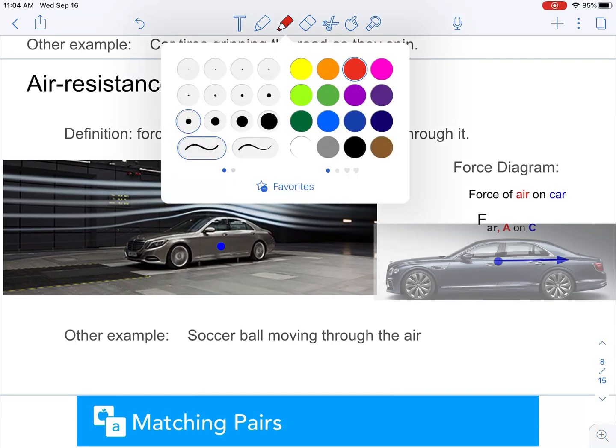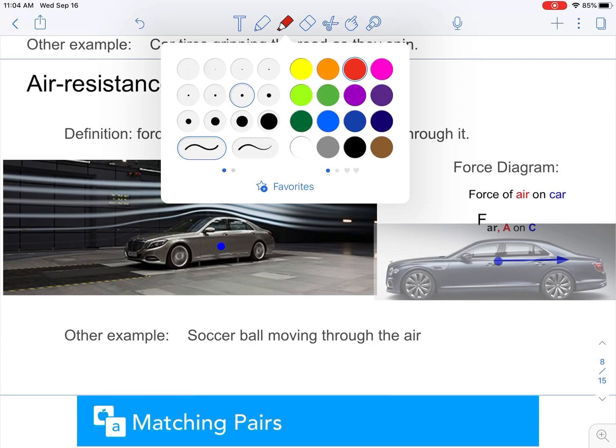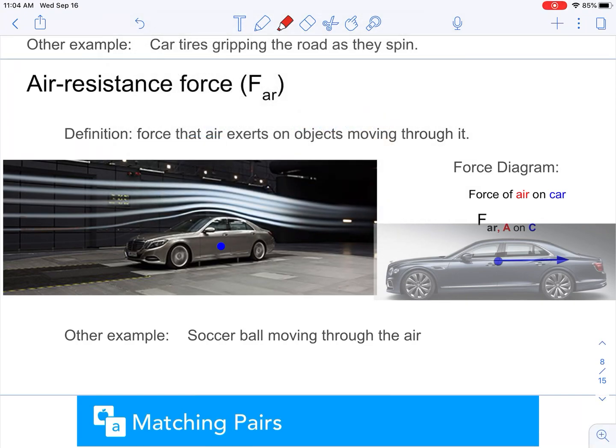You can imagine these molecules as the car's going along. They're going to have to lift up, and they're going to get deflected by the windshield. And so that force of the air against the windshield is going to, number one, slow down the car.